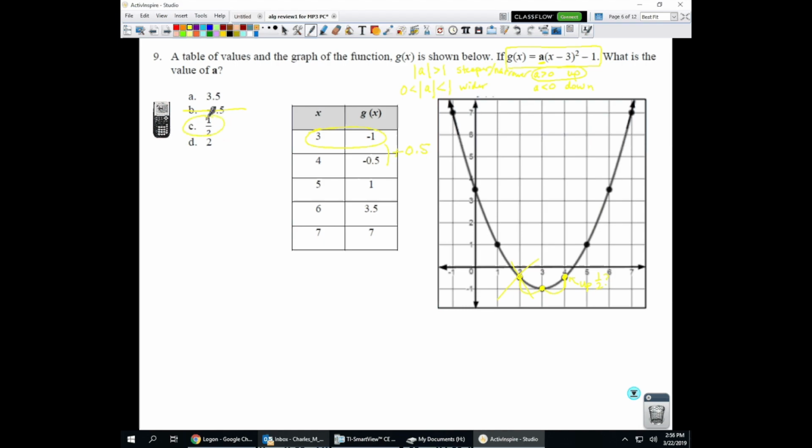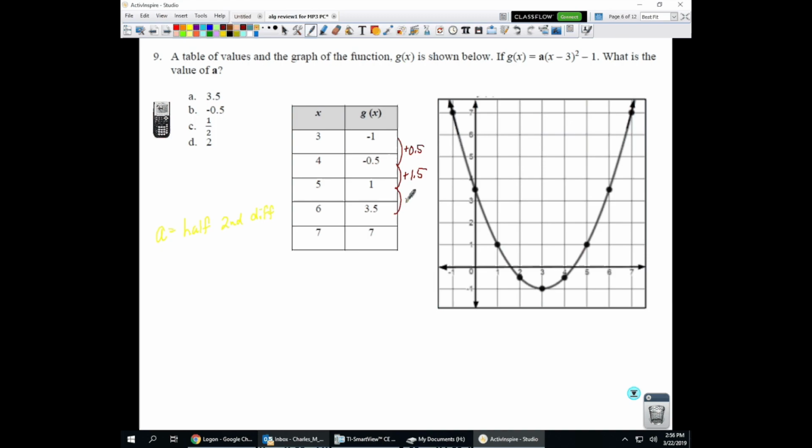Choice C. Now, another way to find that A value is A is always half the second difference. So with this table of values, you could always do your first differences: from -1 to -1/2 is up a half. Next one goes up 1.5.